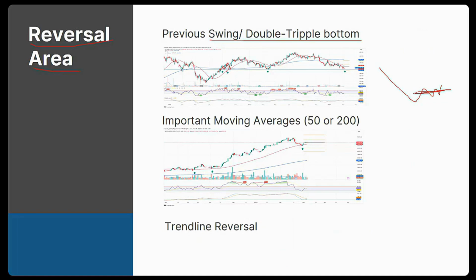This is a kind of a resistance form. So this is the previous swing low. If price again goes up and comes to the same level, this is called a swing low. If we find any pattern here, we are more interested. Again, price goes up.